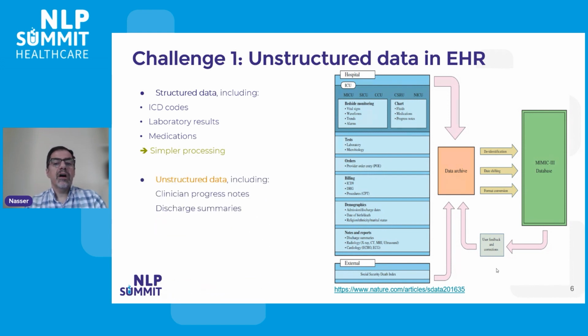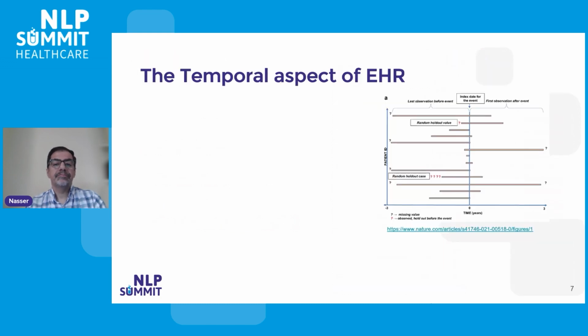The second type of data in electronic health records is unstructured data that includes different types of notes, clinician progress notes, discharge summaries, radiology reports, and they are more challenging to compare for different patients, requiring more complex processing, especially when we need to take into account the time and temporal aspect that I will describe later.